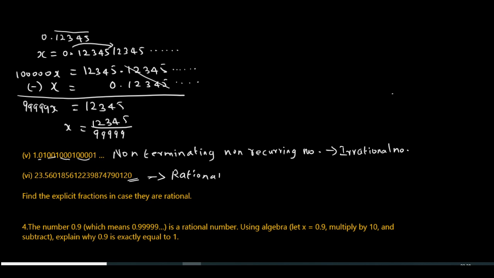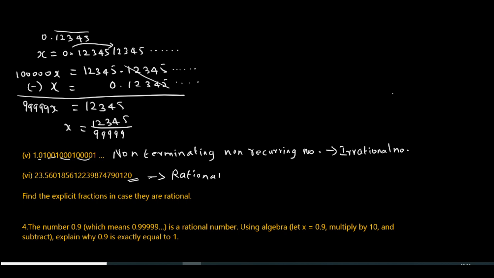Then they are asking for an explicit fraction in case of rational. If you want to write this as a rational, count the decimals: 1, 2, 3, up to 21 decimal places.